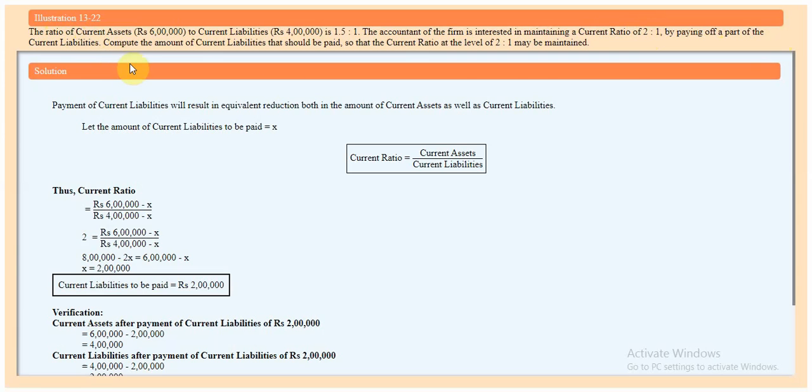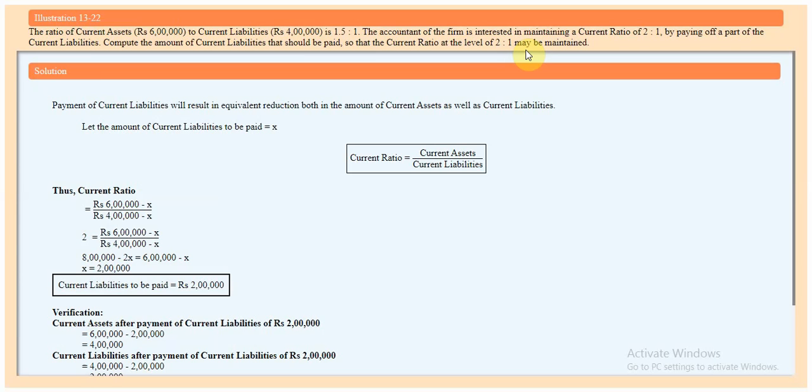So the accountant wants to maintain a ratio of 2 is to 1, but how does he do that? He is doing that by paying a part of current liabilities. Compute the amount of current liabilities that should be paid so that the current ratio is maintained at the level of 2 is to 1. In this question, they have given us the current assets, which is rupees 6 lakh, and current liabilities, which is 4 lakh, and the current ratio 1.5 is to 1.